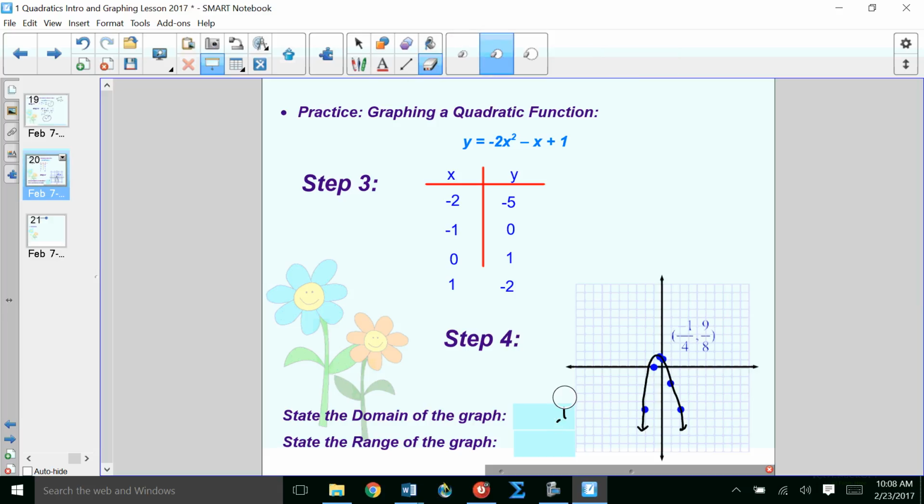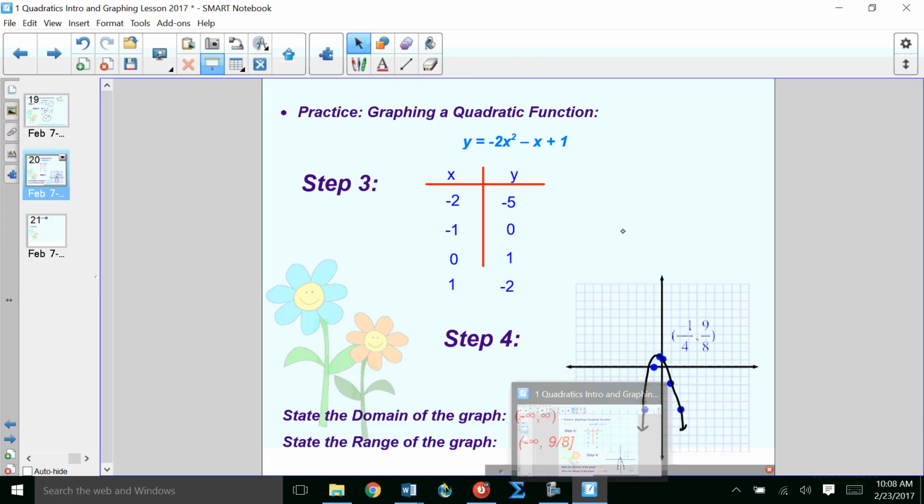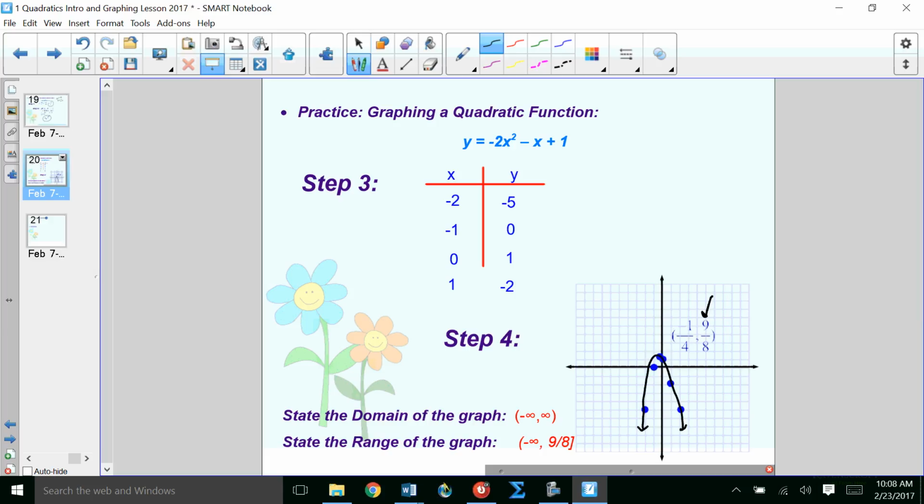And finally, your domain and range. Domain, again, is negative infinity to positive infinity, and range would be negative infinity to 9/8, the y value of your vertex. So coming all the way up from negative infinity, and then we stop once we hit 9/8 for the range. And that is the end of our graphing quadratics lesson.